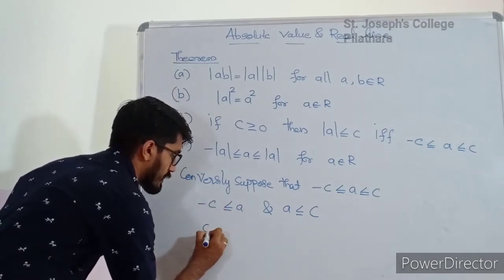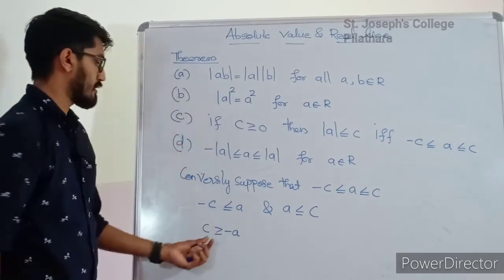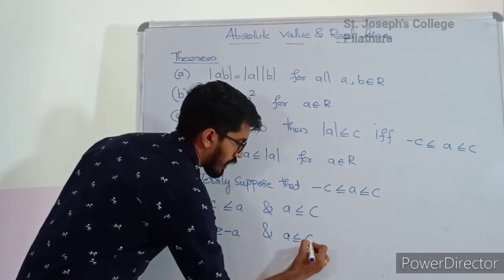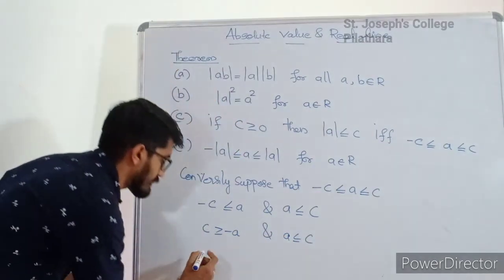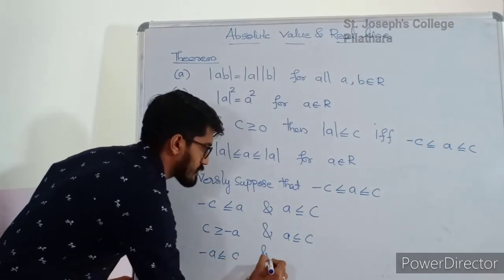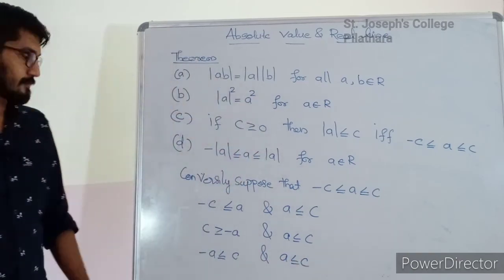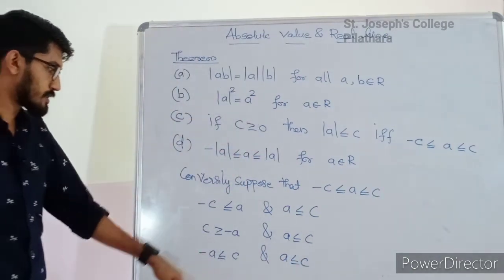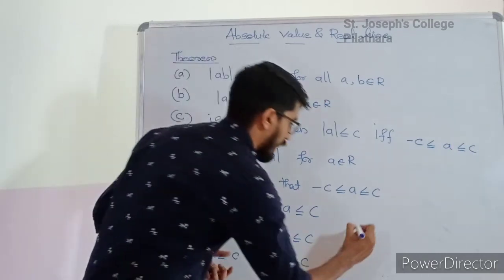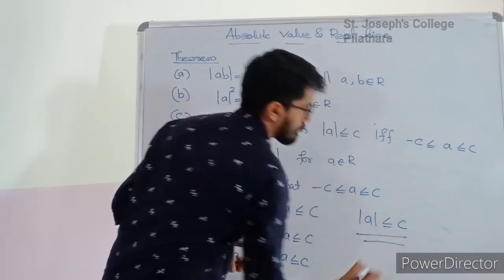Therefore, C greater than or equal to minus A and A less than or equal to C. Rewrite: minus A less than or equal to C and A less than or equal to C. Combining these two, minus A and A means modulus value of A. Therefore, we can write modulus of A less than or equal to C.